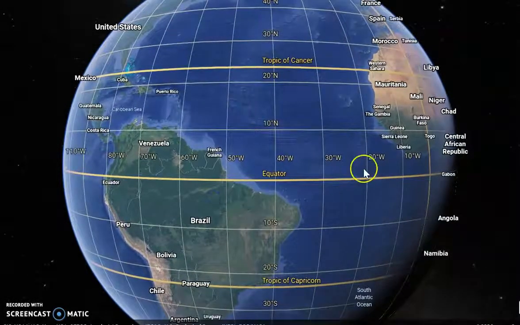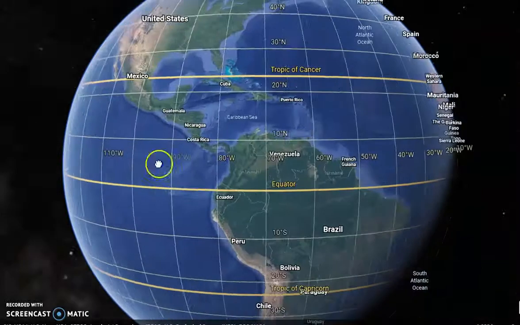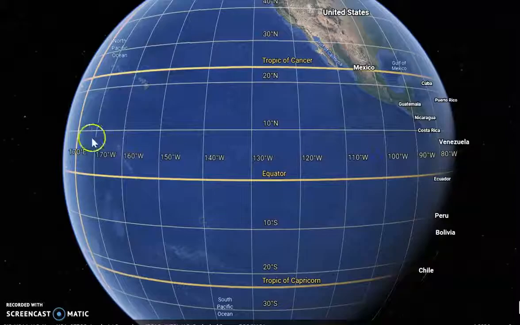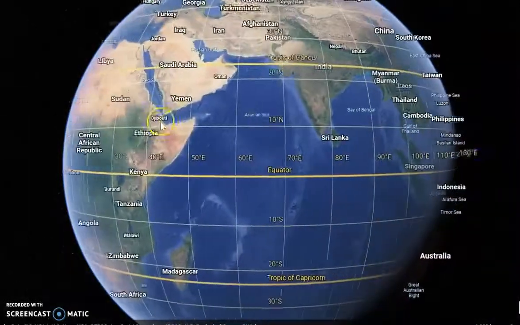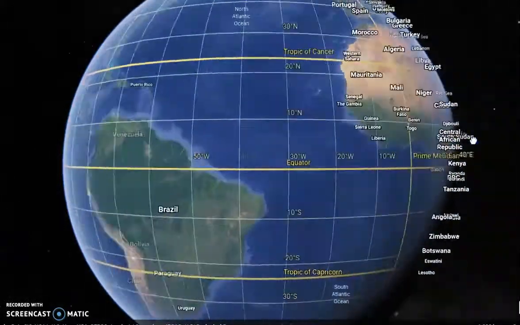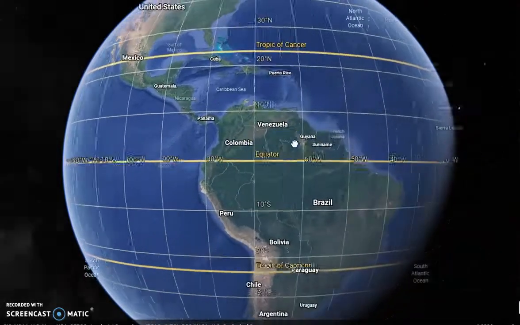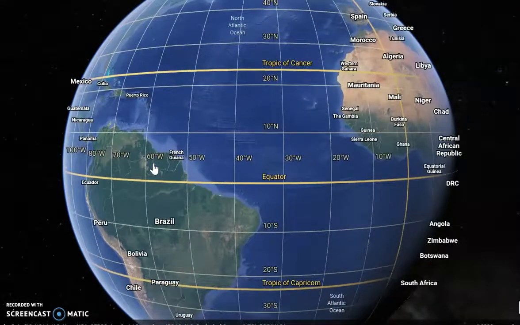However, the winds tend to be coming from the east to the west. So the Earth spins anti-clockwise, like I showed you just now, from left to right. Strangely enough, the winds basically blow from right to left, all right, from Africa straight across to the Americas.